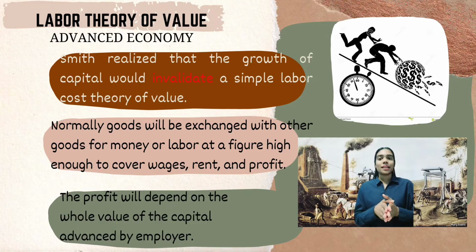Hence, we will now move on to the labor theory of value in an advanced economy. Smith realized that the growth of capital would invalidate a simple labor cost theory of value. Normally, goods will be exchanged for other goods or money or labor at a figure high enough to cover wages, rent, and profit. Besides that, the profit will depend on the whole value of the capital advanced by the employer.